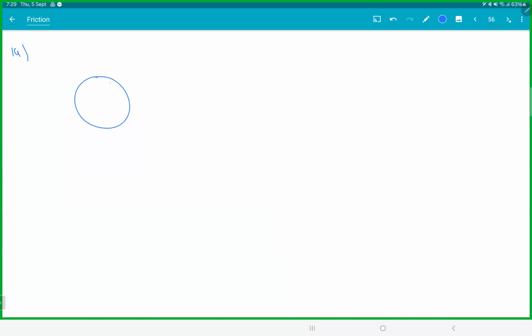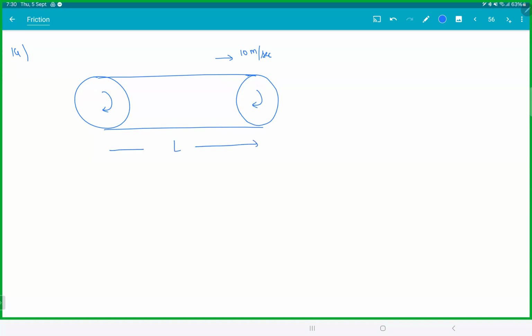We have a conveyor belt. The conveyor belt is going with constant speed, 10 meters per second. Ever seen the travelator in the airport? Like an escalator is the thing which you go up, a travelator is the thing which will take you horizontally. So this is length L. Coefficient of friction is 0.2. And this travelator is at a height of 80 centimeters.